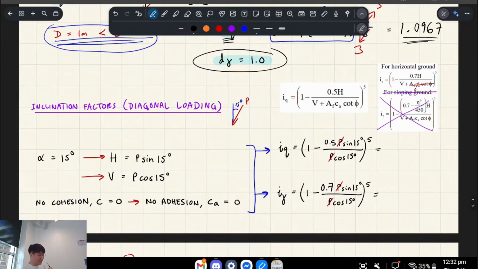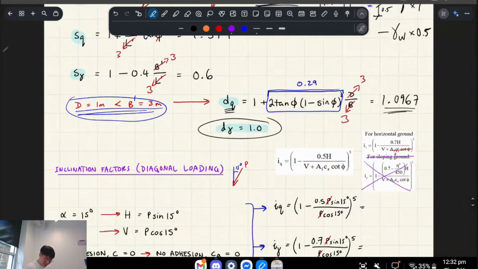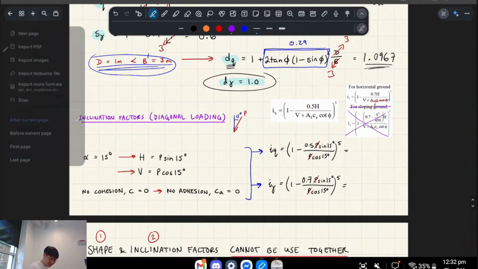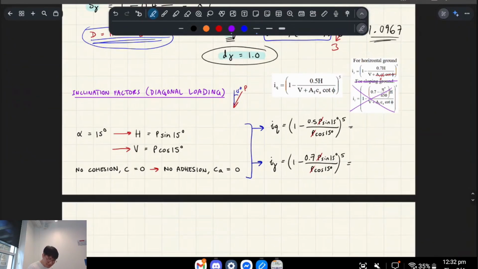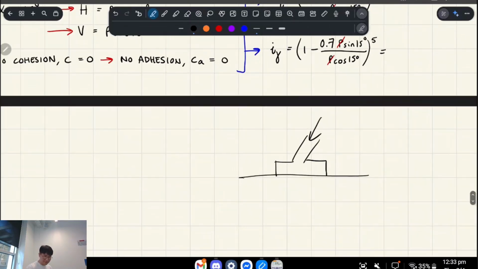So for inclination factors, right? This is to do with diagonal loading. Here's what I've kind of realized, right? So this formula is the most annoying thing to look at ever, right? You got to stare at it for a little while. But the idea is that here we've got an inclined load on a flat ground, right?